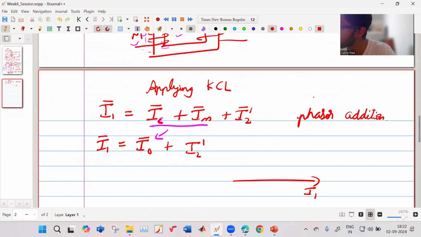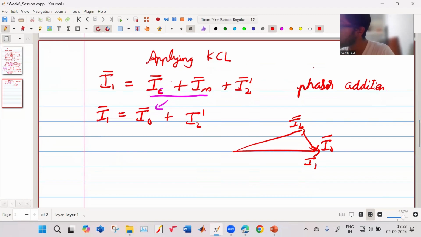So then suppose this is my I2 bar. And then this is my I0 bar. Okay. So this is what is relating.